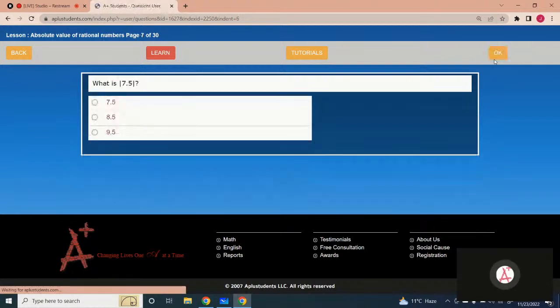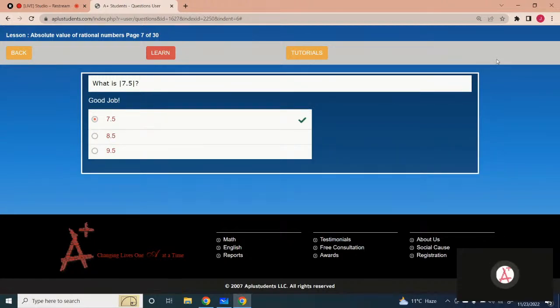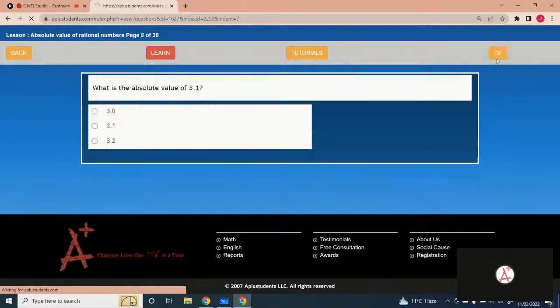Okay, the next one is, what is 7.5? The answer is exactly the same. It would be 7.5 because 7.5 is already positive. Absolute values are positive values. Okay, what is the absolute value of 3.1?